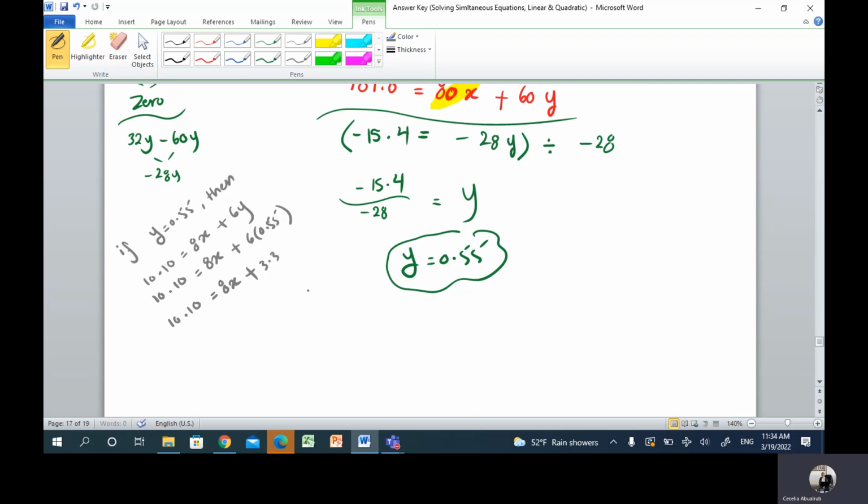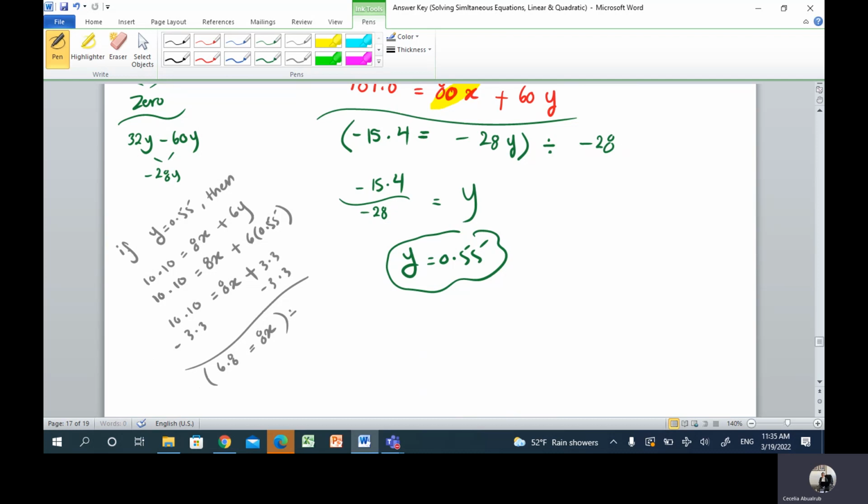Apply opposite operations to find x, so it will be minus 3.3 on both sides. So 10.10 minus 3.3, the answer will be 6.8. 6.8 is equal to 8x. Now solve for x by getting rid of the coefficient of x.